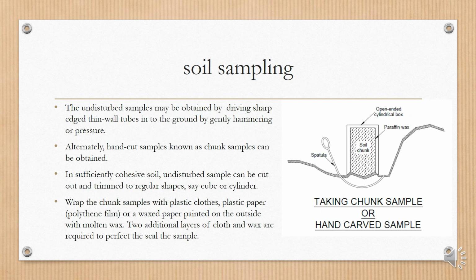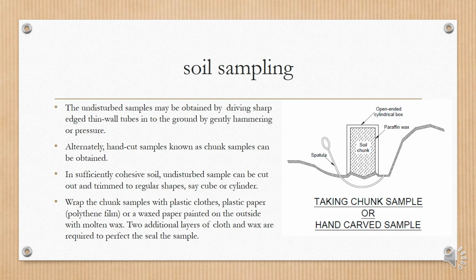Soil sampling: the undisturbed samples may be obtained by driving sharp-edged thin-wall tubes into the ground by gently hammering or pressure. Alternatively, hand-cut samples known as chunk samples can be obtained. In sufficiently cohesive soil, undisturbed samples can be cut out and trimmed to regular shapes, say cube or cylinder.